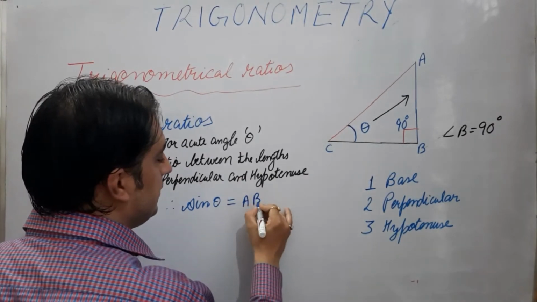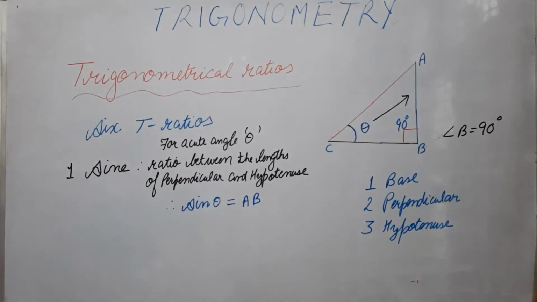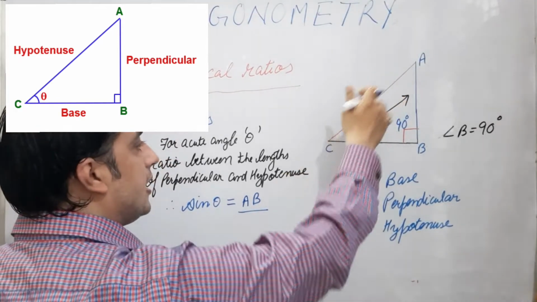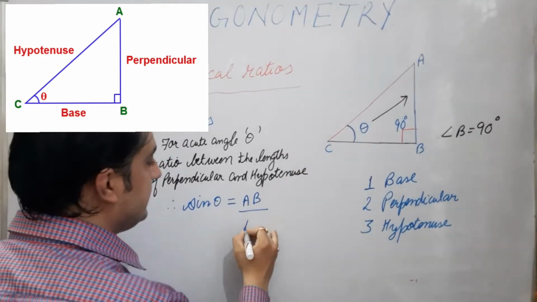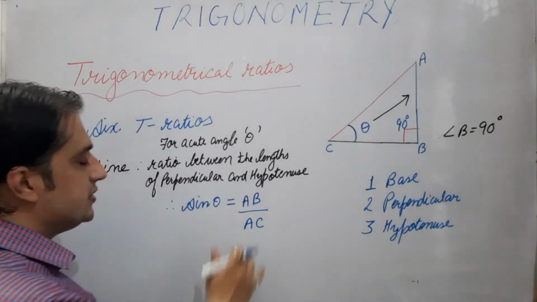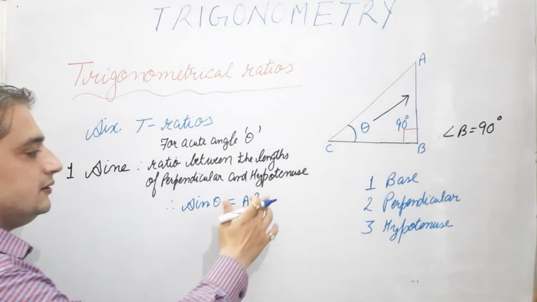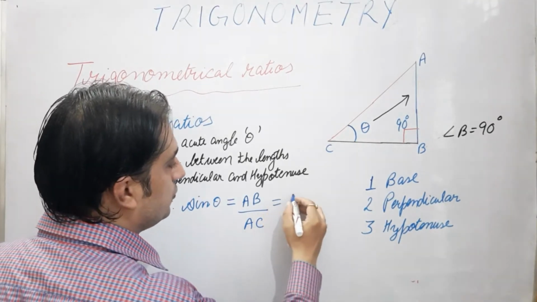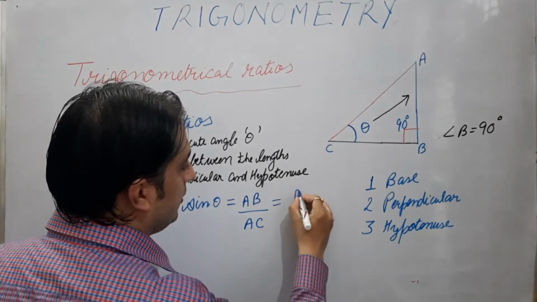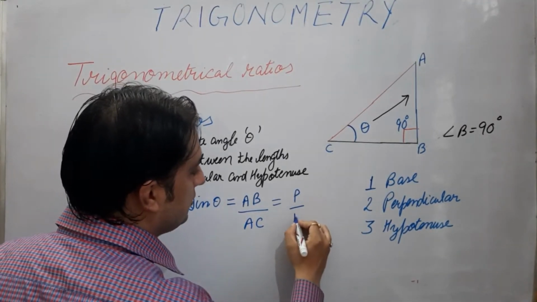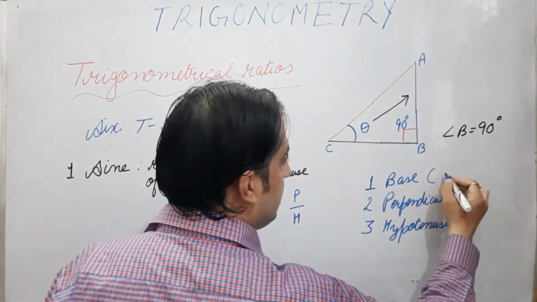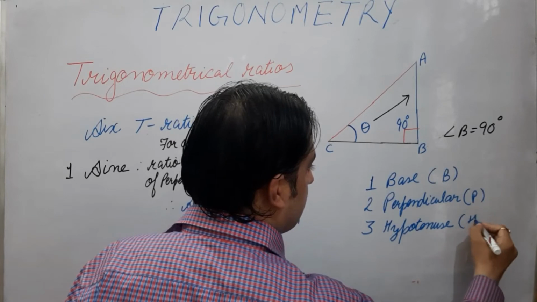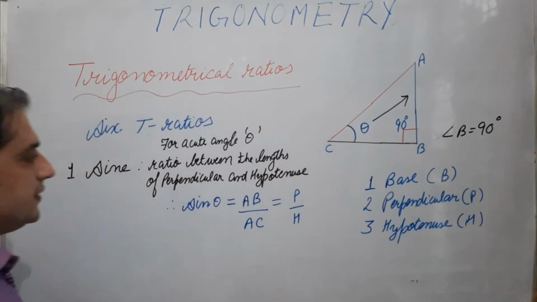And hypotenuse, you know the hypotenuse is the longest side, that is AC. So this is the first T ratio. The length of the perpendicular to the hypotenuse. So I can write short P upon H. For base we write B, for perpendicular P, and for hypotenuse H. Right. So this is the first T ratio.